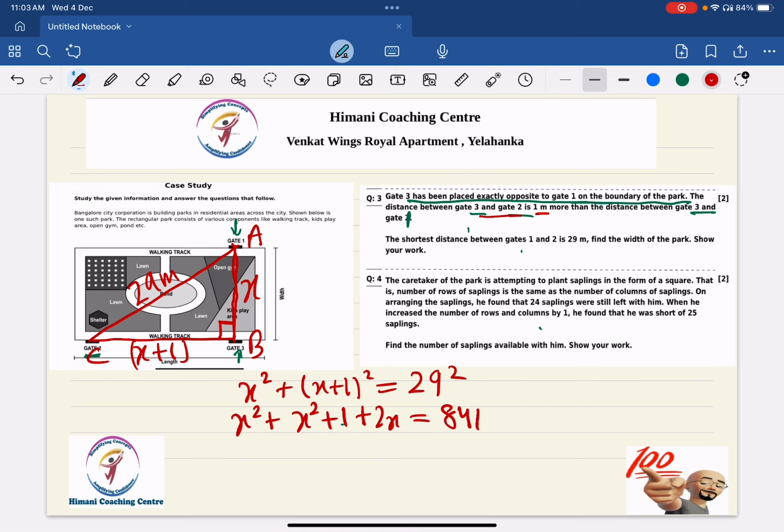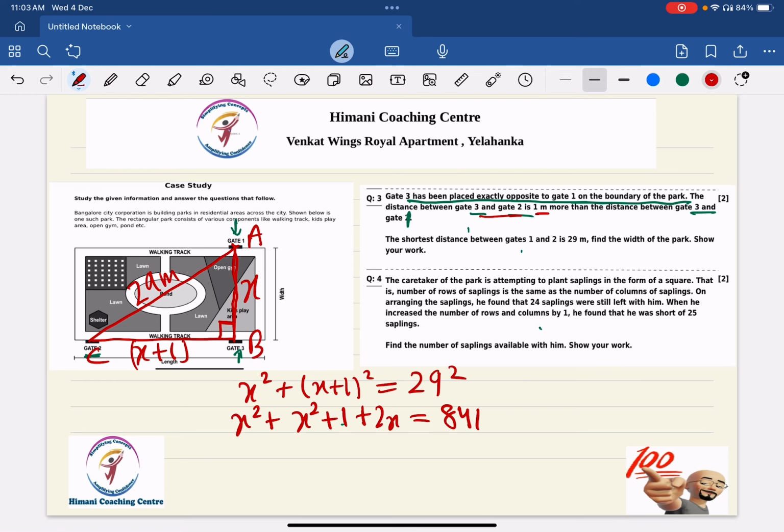You can do 29 into 29, or you can do 30 minus 1 whole square and use the a minus b whole square formula. 30 square would be 900, 1 square is 1, so this becomes 901, and then minus 2ab, so minus 60. That will give you 841. So you can use a minus b whole square and get the answer fast.